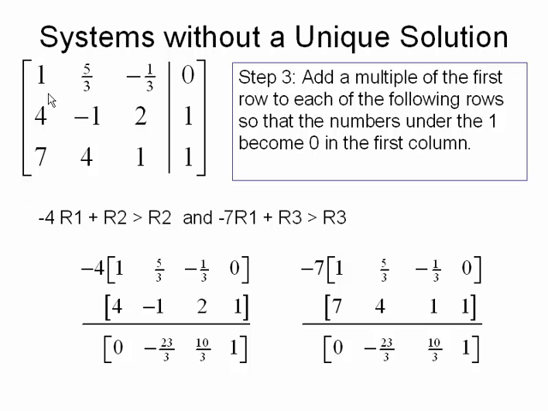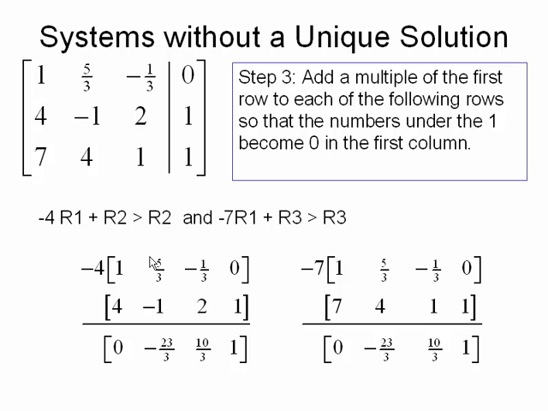Notice because I have a 1 there, it's really easy to figure out what I need to multiply by, the -4 and the -7. So down below here, you see the -4 times the first row, the -7 times the first row, and then I'm going to add it to the second row or the third row.